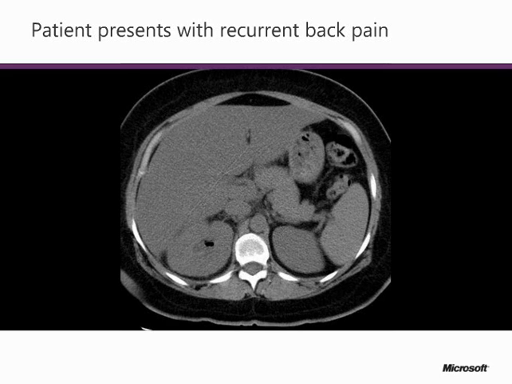Well, if the only history is recurrent back pain, I don't know whether or not this is a patient who's had recurrent instrumentation, whether it be a nephrostomy or recent retrograde study, or alternatively, I don't have any additional information to tell me whether or not this could be acute pyelonephritis.